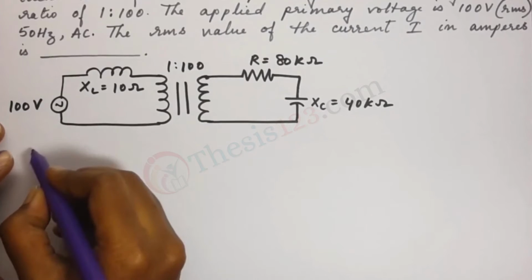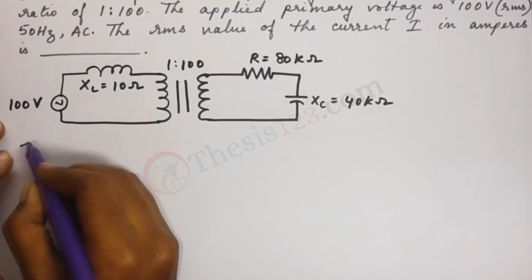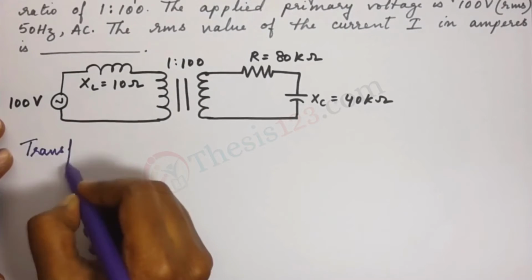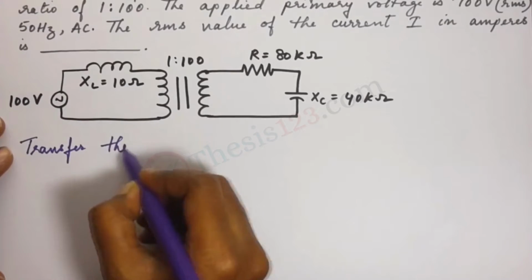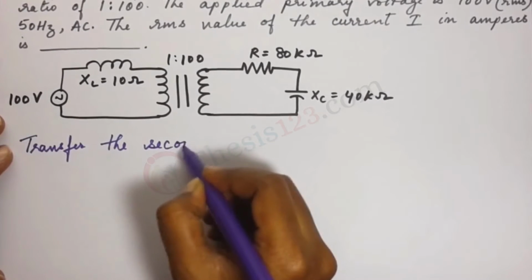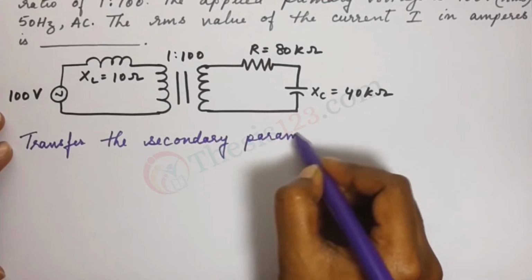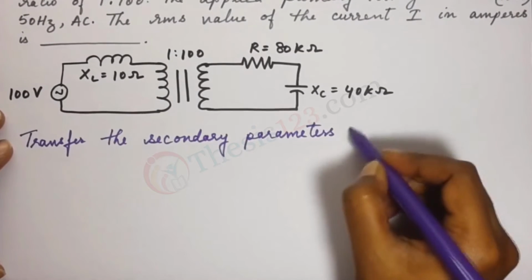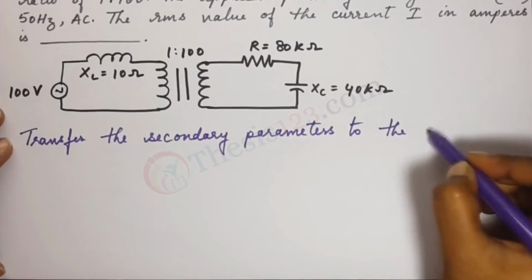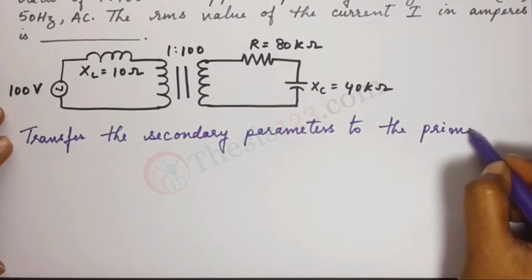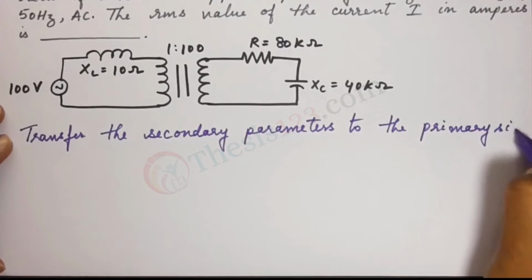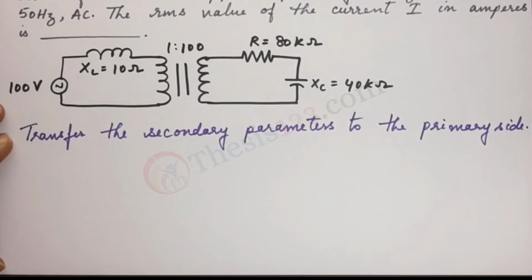So first, let's transfer the secondary parameters to the primary side. Now in order to do this, we have to find two specific values.